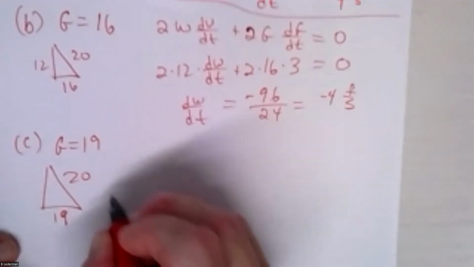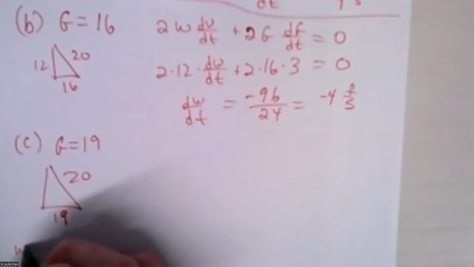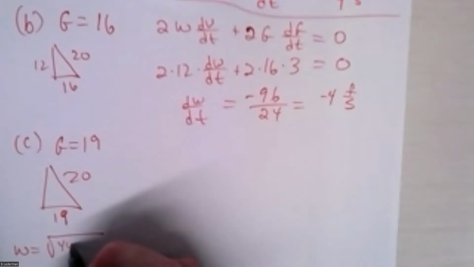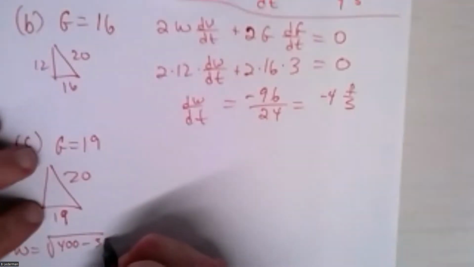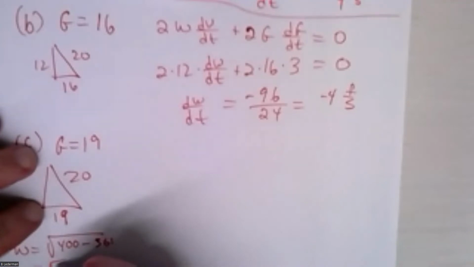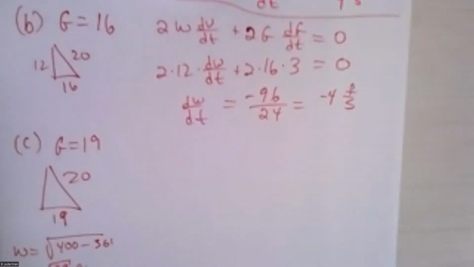So W is going to equal the square root of 400 minus 19 squared, which is 361. That's the square root of 39, which is approximately 6.24.